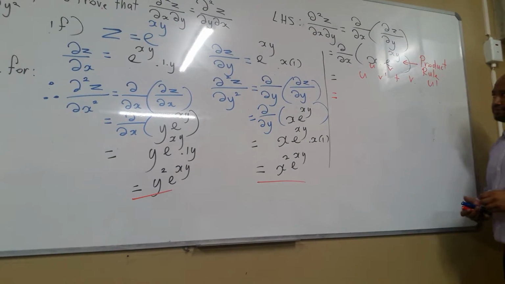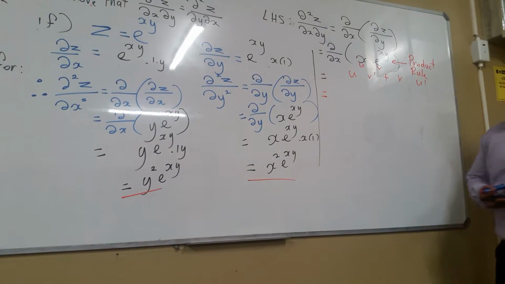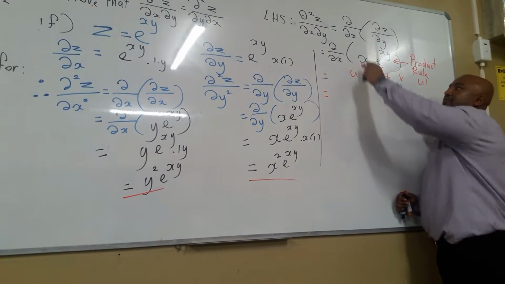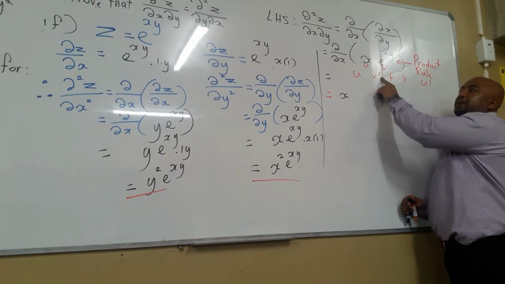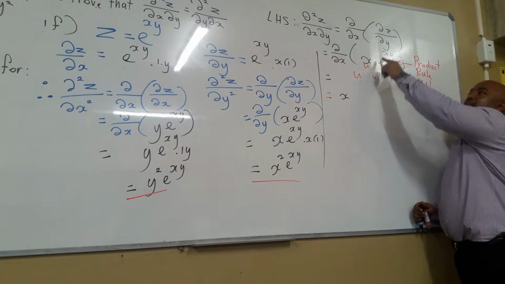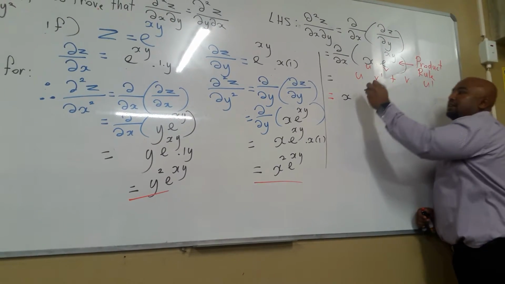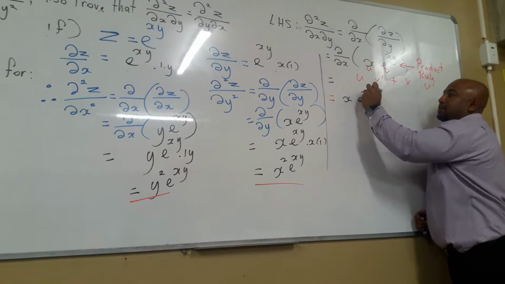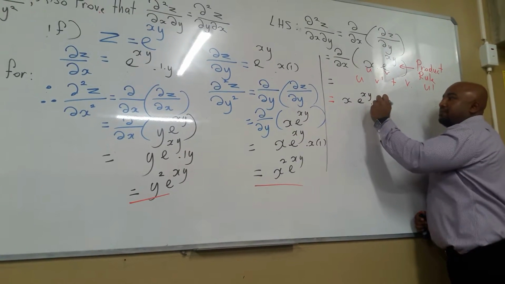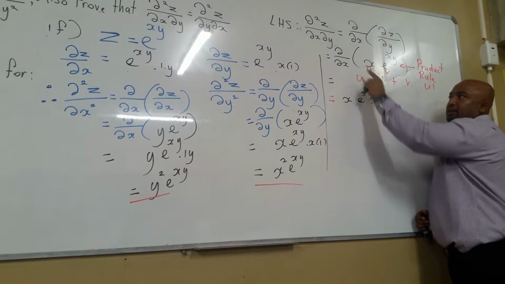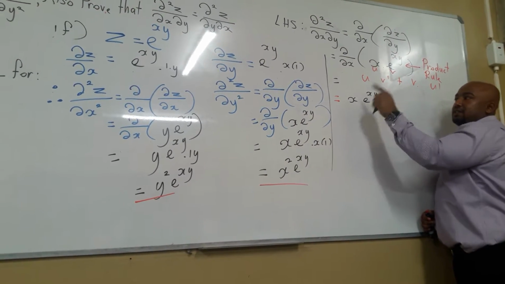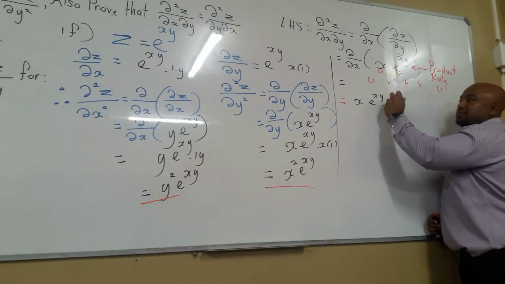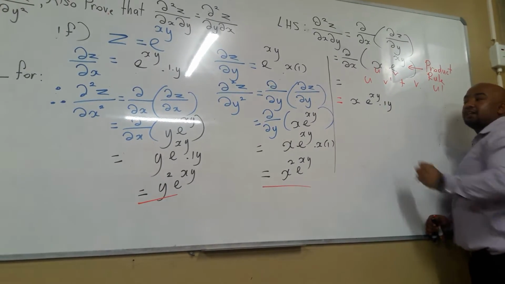So now, what is my u? U is the first term there, which is x. v prime: the derivative of e to the power xy is going to be e to the power xy times the derivative of xy with respect to x. We treat y as a constant, so you're only differentiating x, which is going to be 1 times y.